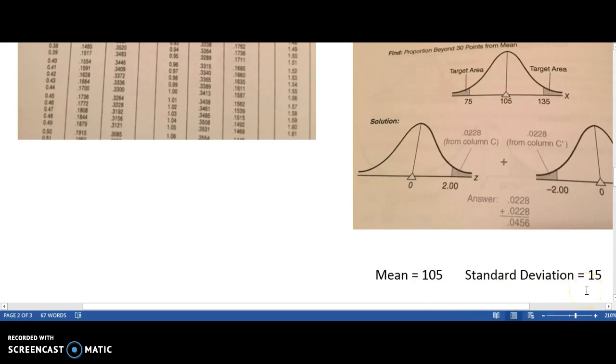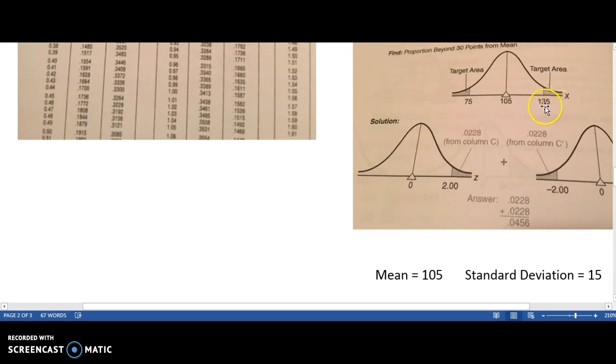I think they were IQ scores. So we set up the normal distribution with 105 as the center point of the mean. And again, we're looking for 30 points from the mean, 30 above and 30 below. And we're looking for the proportion of the population that falls beyond those 2 points.